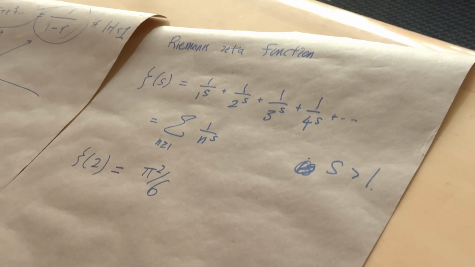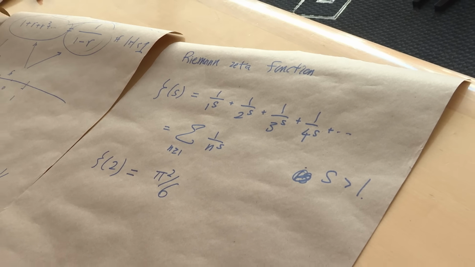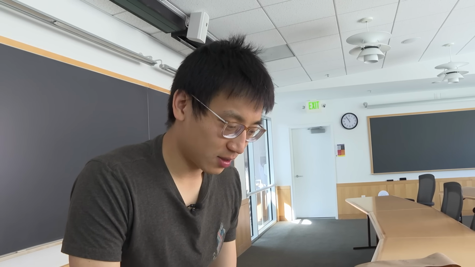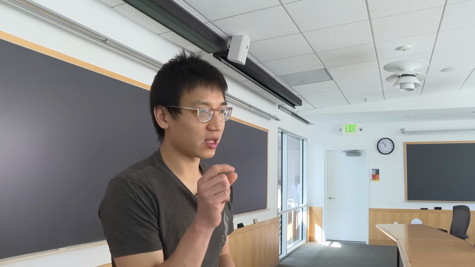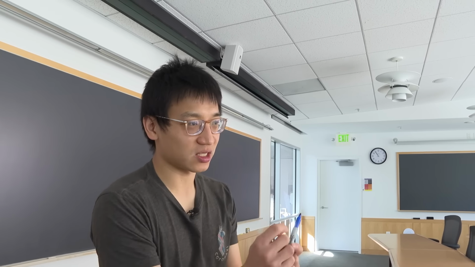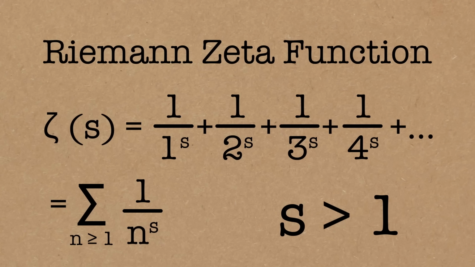If s isn't bigger than 1, the problem is that your denominators become less than 1, and therefore the actual numbers become bigger, the integers become bigger, and it just turns into this whopper again. Exactly, yes. When you have these infinite sums, in order for them to have a well-defined target value, the increment that you're adding each time has to get small quickly enough. But when s is less than 1, the increments are not small enough.